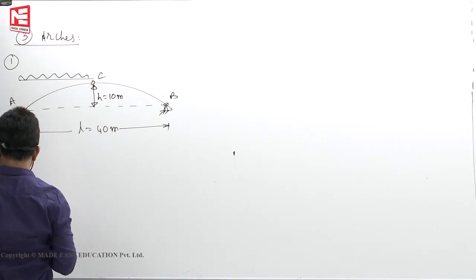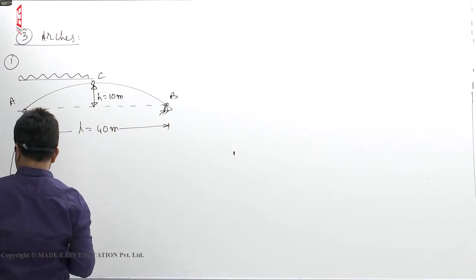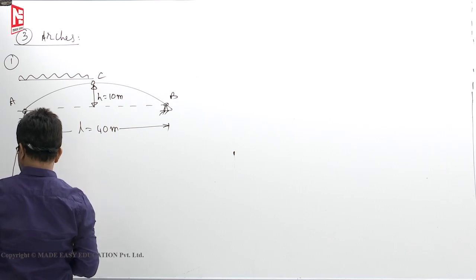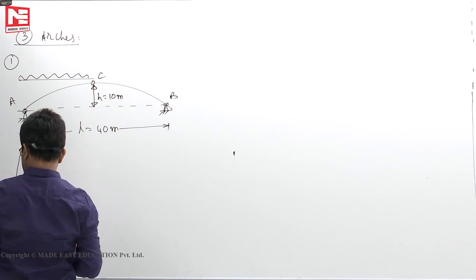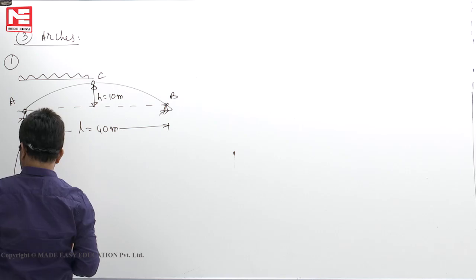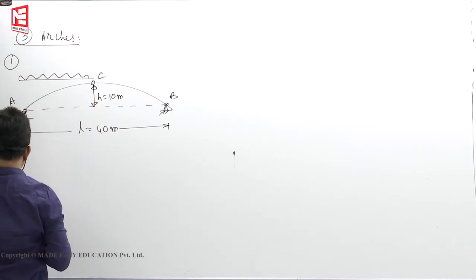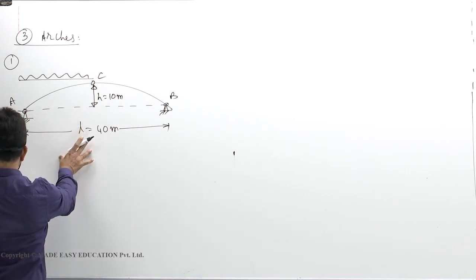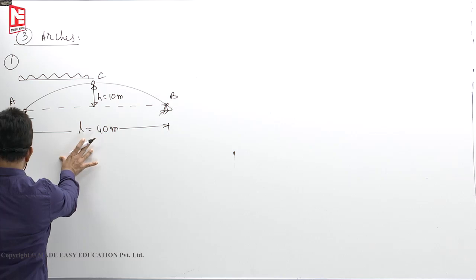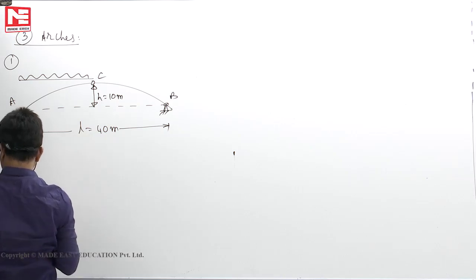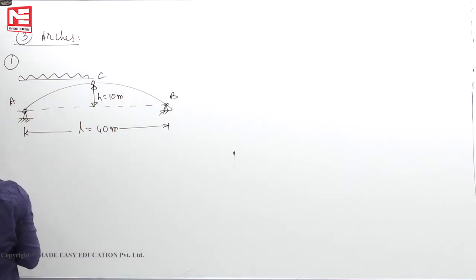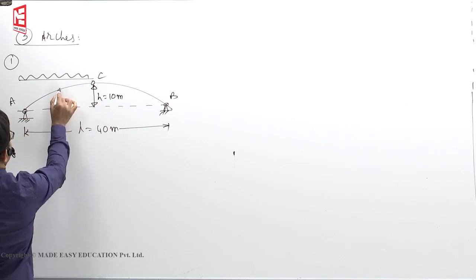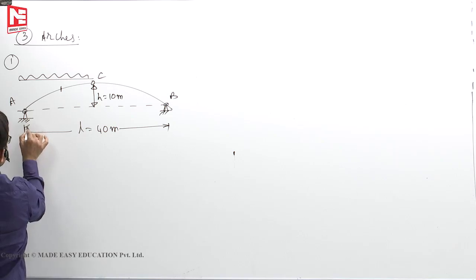The slope is tan inverse 1 by 2. Loaded quarter point means 1/4 of this one, loaded quarter means this one.